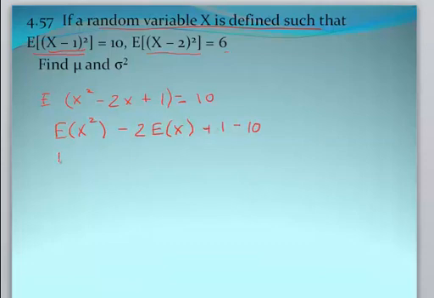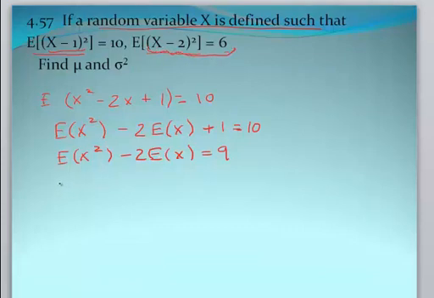So then it becomes E of X squared minus 2 E of X plus 1 is equal to 10. In other words, those two values, I'm going to take the 1 over the other side, all of that is equal to 9.